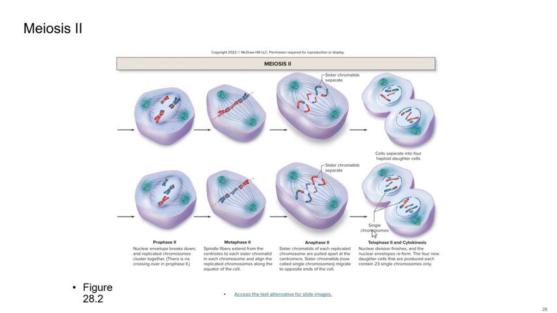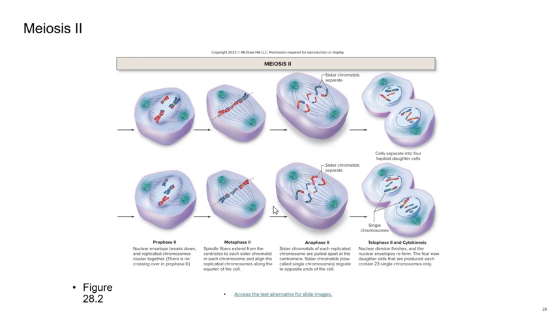This is what is sometimes confusing for students: this cell here, with replicated chromosome 1, replicated chromosome 2, 3, and so on, with the 2 chromatids, is haploid. And this cell here, with a single-stranded chromosome, is also haploid. Okay, so this isn't diploid. This is haploid. They're both haploid, right?